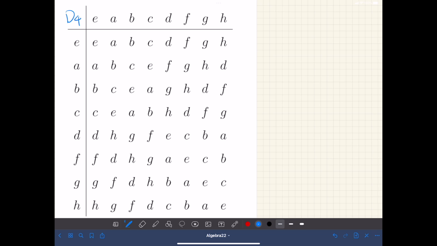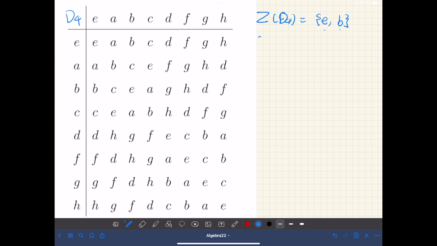First of all, the center of this group, D4, is E and B. These are the central elements of this group. But each central element is only conjugate to itself, so nothing else can be conjugate to those central elements.